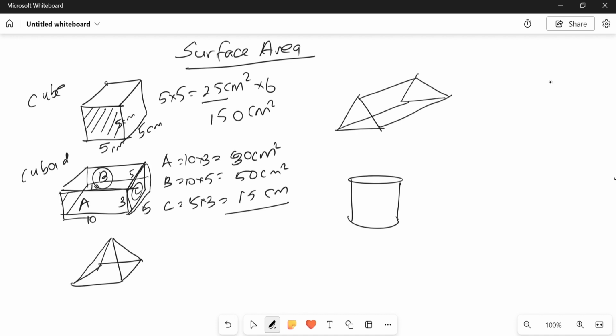So the total of the visible 3 faces is 95 centimeters squared. But we should know there are another 3 faces at the back side of this figure. Therefore, there are 2 faces like this.